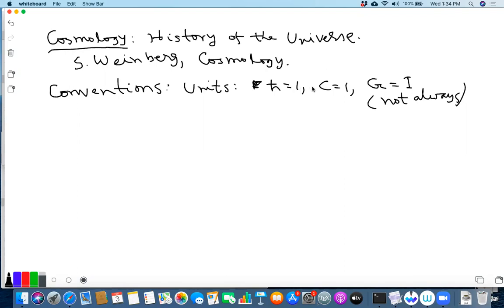But in that case, suppose you have gotten some number, you may ask how to translate it to the ordinary units. For this, it's useful to know what the natural units that I have used are in terms of the units that you are familiar with. So m Planck is the unit of mass.